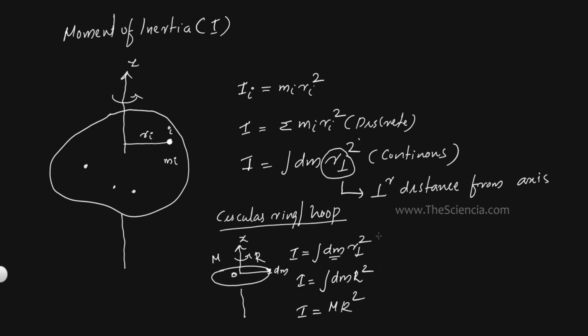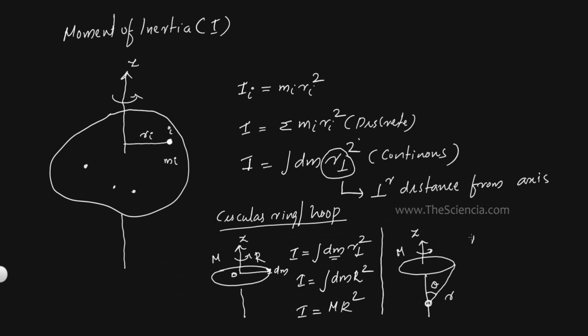Now I am taking another case. It is similar to the previous case. Here it is rotating about the z axis and the mass is capital M, and I am shifting the reference point to here. From here to the mass element the distance is r, and this angle is theta.